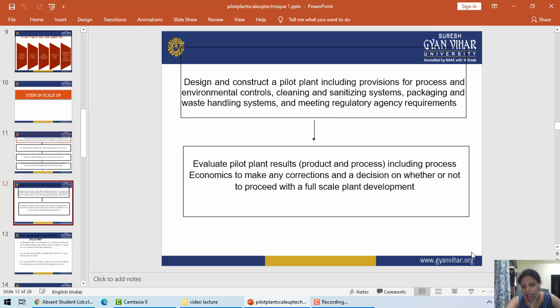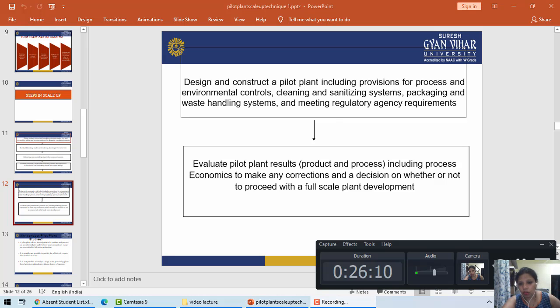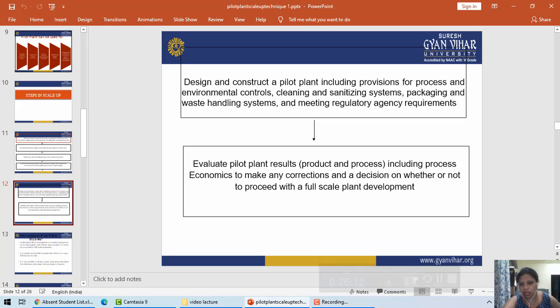The evaluation of pilot plant results, including process economics, to make any corrections and a decision on whether or not to proceed with full scale plant development is the last step of this process. Okay, so these are the steps.